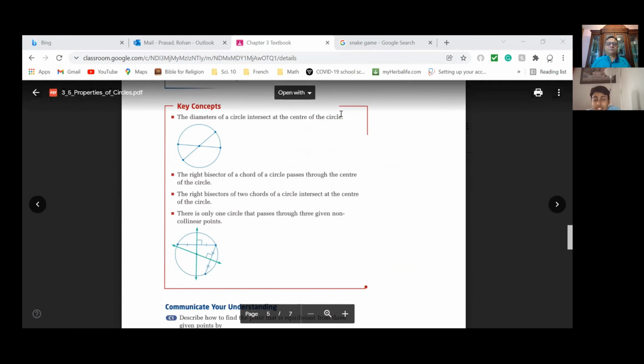And now what we have to do is find the slope. So the slope of PQ would be (y2 minus y1) over (x2 minus x1). So (5 minus 3) over (3 plus 5), which would just be 2 by 8, which is 1 over 4.